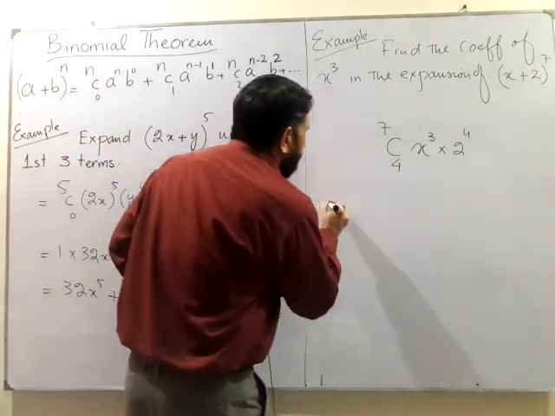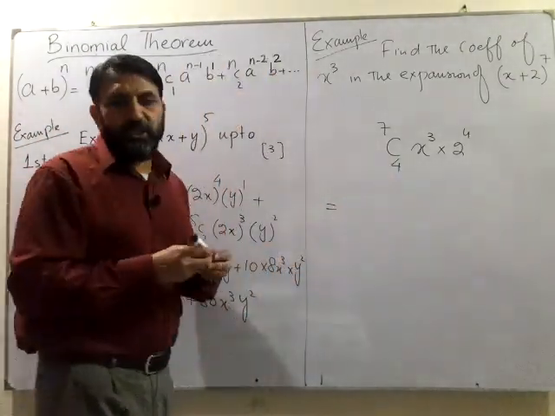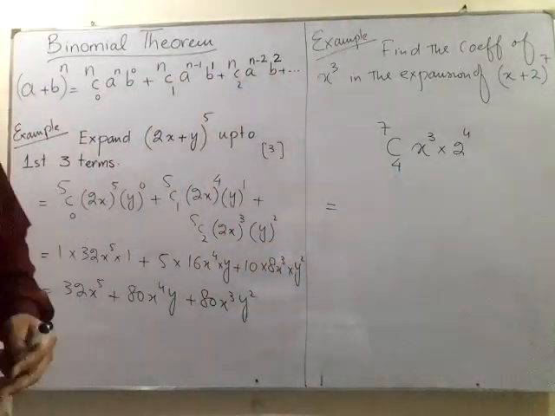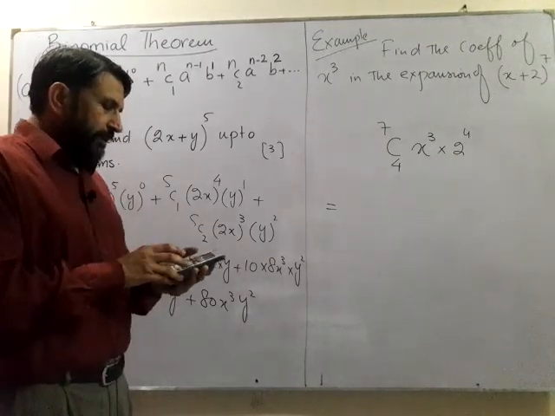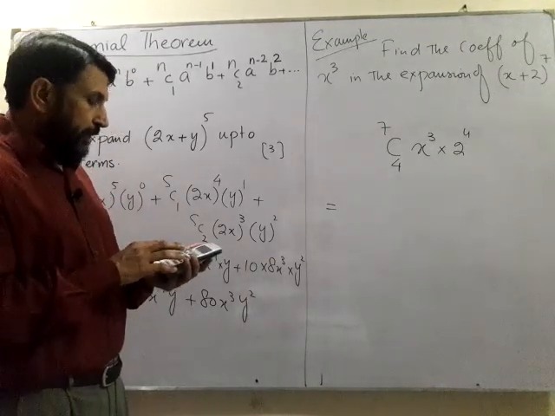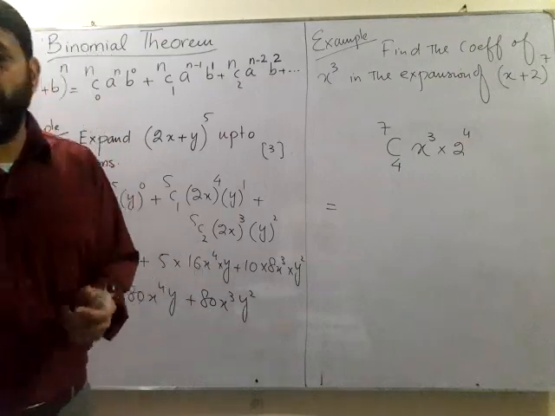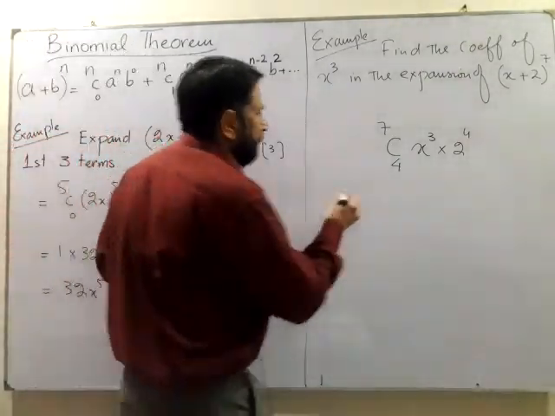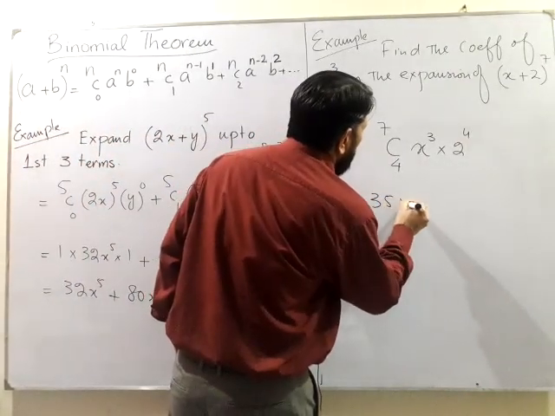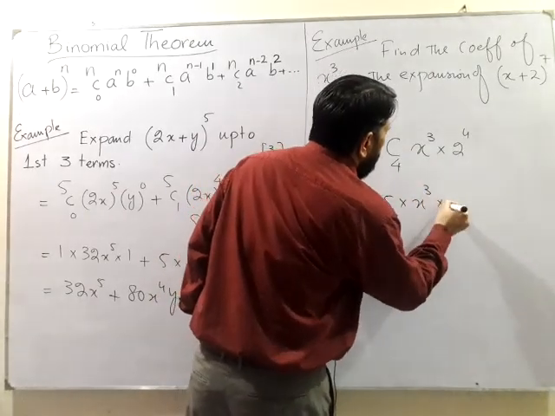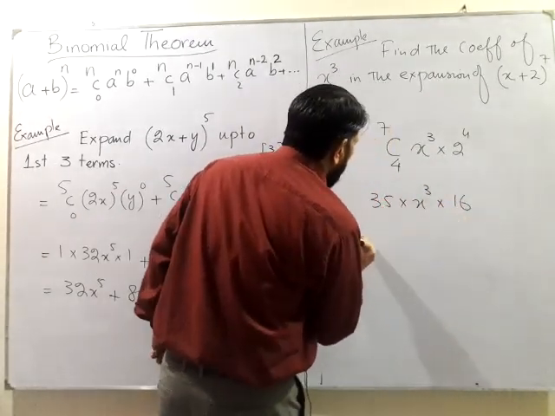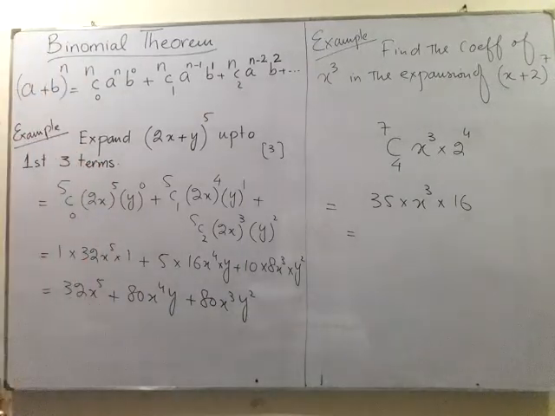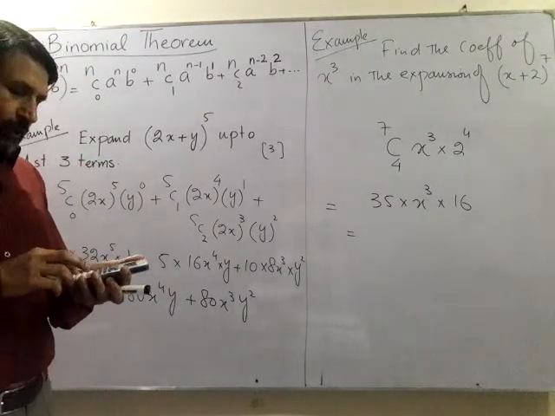Now, what does this combination give us? Let us find it with the help of the calculator. 7, shift, division, 4, and this gives us 35. Then x^3, and we know 2^4 is 16. So 35 into 16 is going to be the coefficient of x^3.